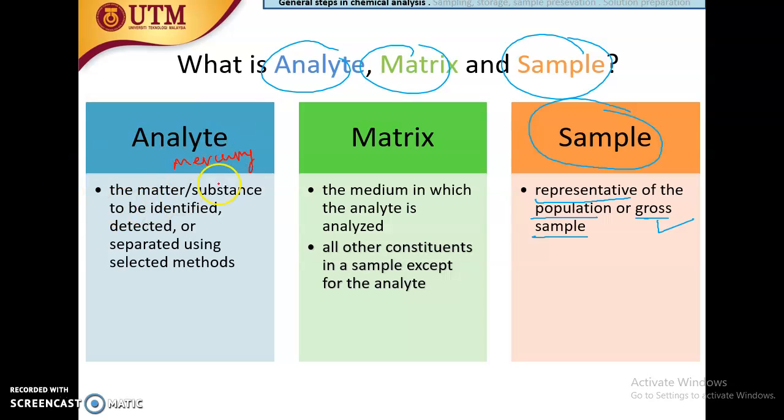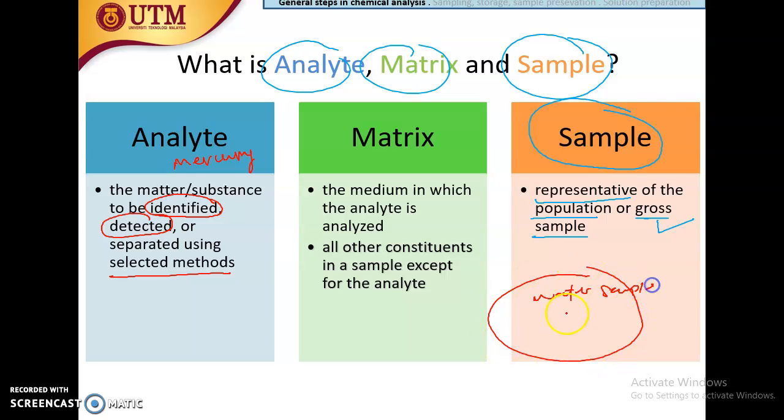What is the meaning of analyte? Analyte is the matter or chemical compound that you want to identify, you want to detect using selected methods. Therefore the water sample contains mercury.